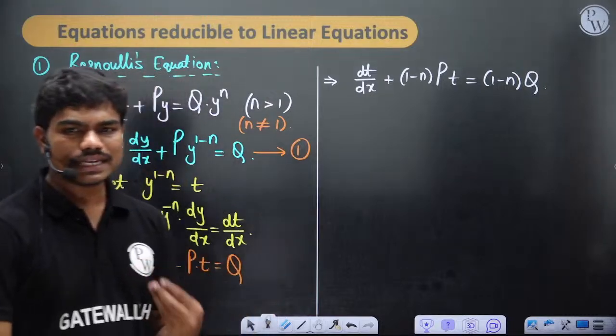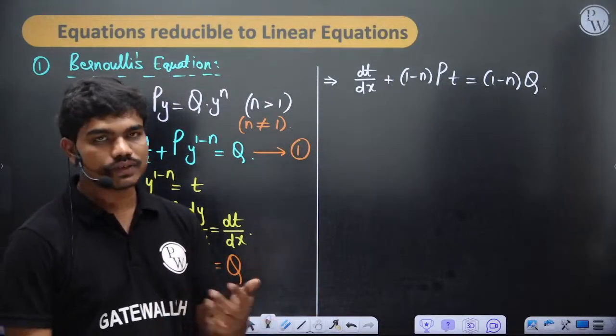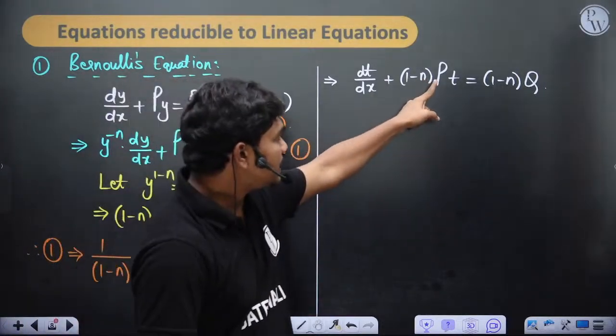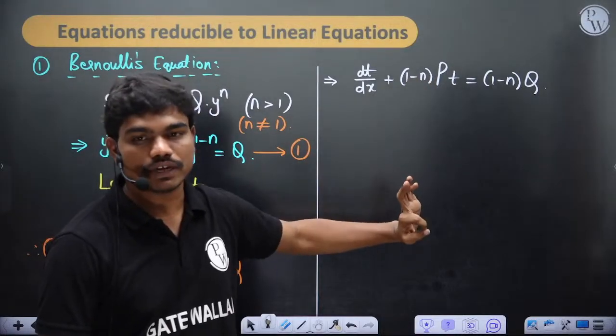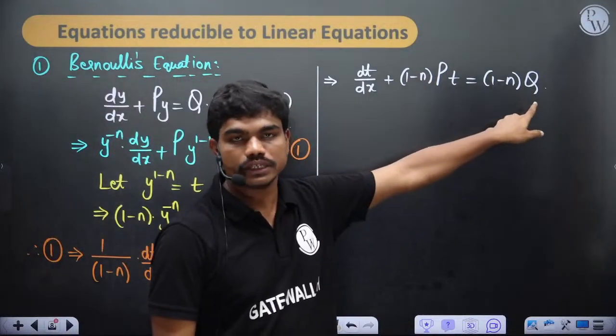Now n is just some number, like 2, 3, 4, whatever. Now if p is a function of x alone, 1 minus n into p is also purely a function of x. Similarly 1 minus n into q is also a function of x.